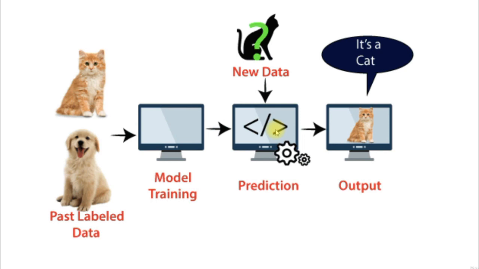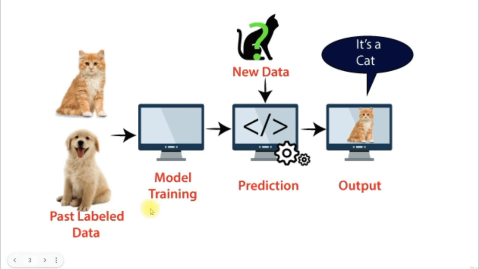Now have a look at this diagram. Here we have some labeled or training data. So we have two different types of images in the data set. One is for cat and another is for dog. So as usual in the machine learning procedure that we follow, let's say we use 80% data for training the model. This is the labeled data. So each image will have a label whether it's a cat or a dog.